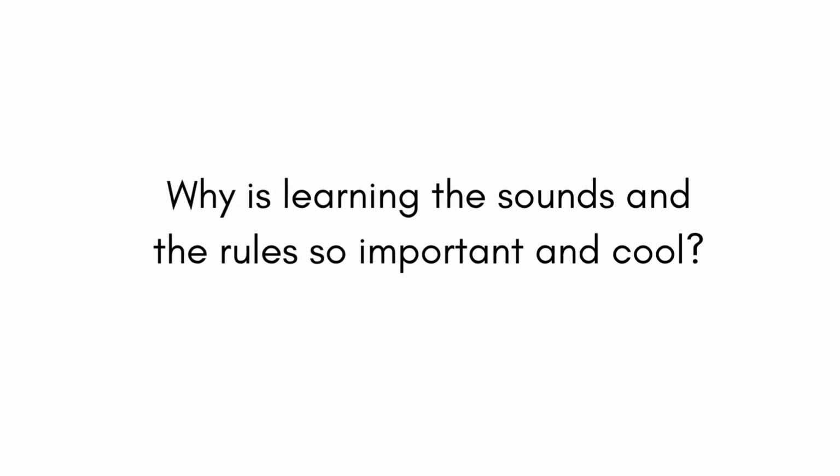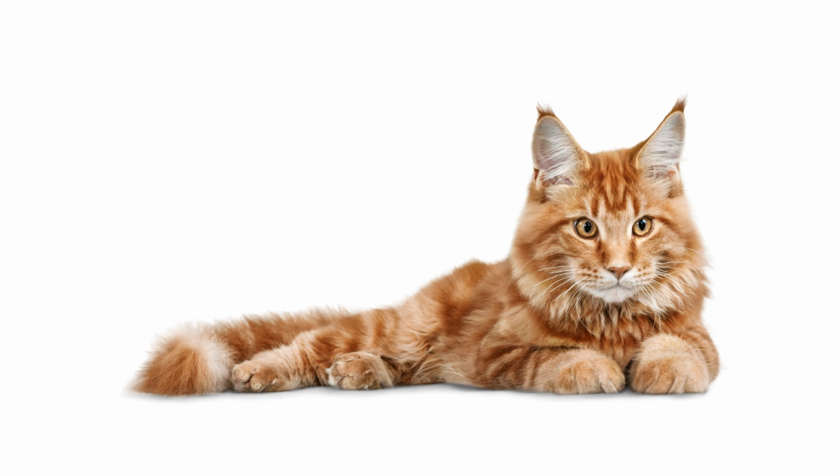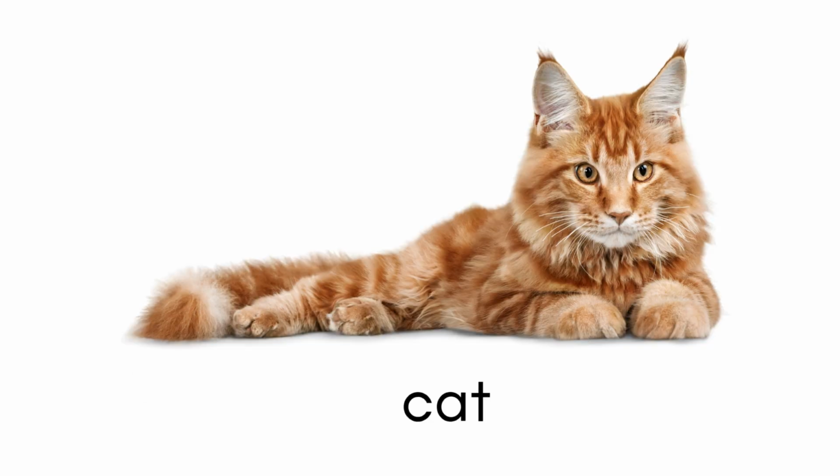And this is really important and is really cool because once you know the sounds and you know the rules, you literally can think of any word. Like if I think of the word cat and I say it, cat, the C, then is that A, and then it's t, t.